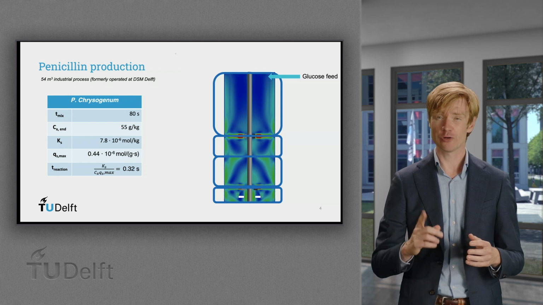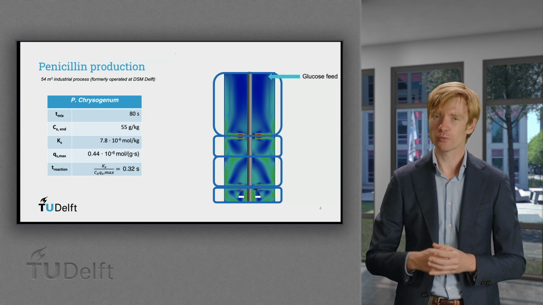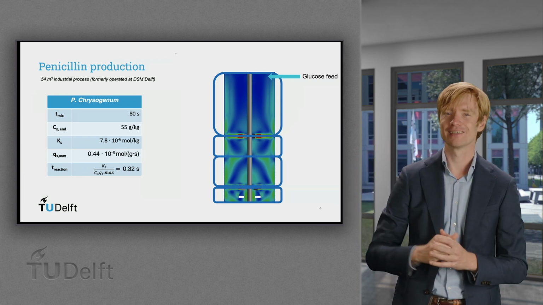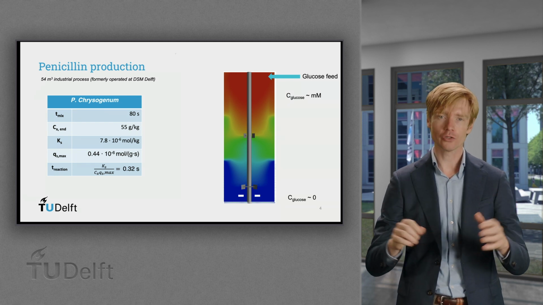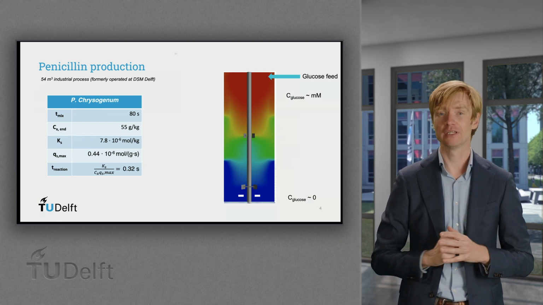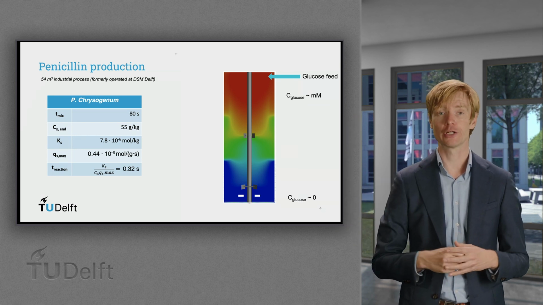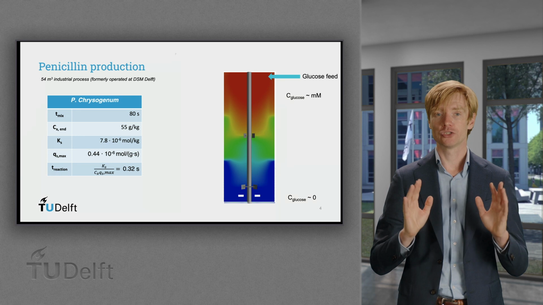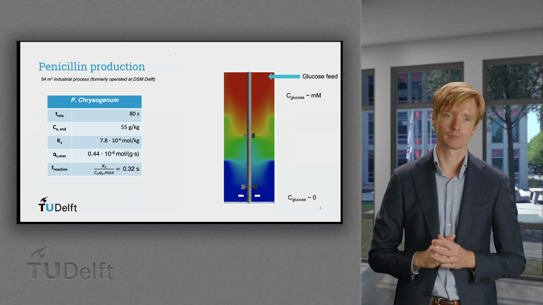This gives us 0.32 seconds, which means that we expect quite a gradient. And indeed, that's what we find. The concentration of glucose near the bottom is close to 0, while in the top, concentrations are in the millimolar range. The challenge now is for us how to interpret this information.